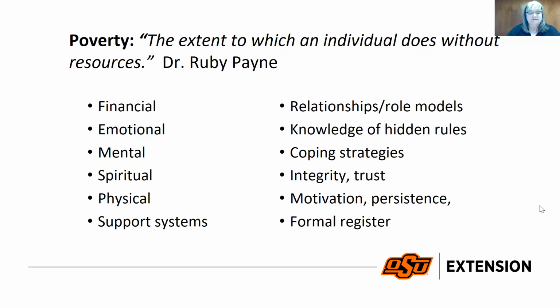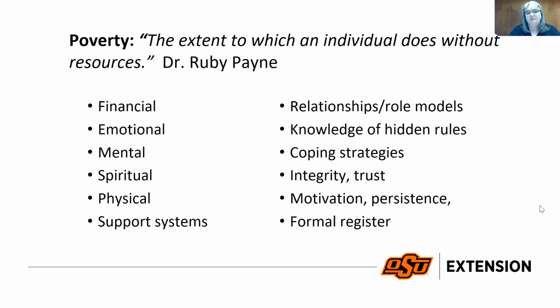Now, all of these resources, or the lack thereof, have an impact on our ability to handle stressful situations. So if you think about a person who is financially strapped, but they have an abundance of these resources, they're eventually going to be doing well or better than they were.